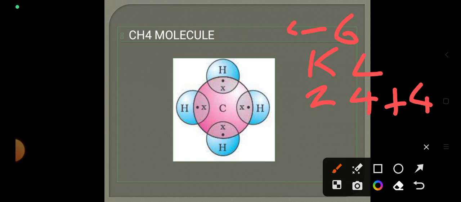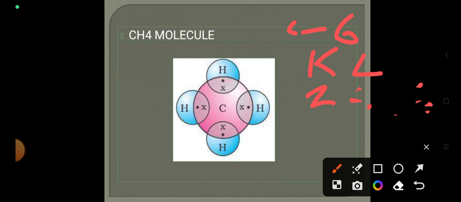That is, the protons will be 6 and the electrons will be 10. Similarly, if it gives off the 4 electrons of the L shell, then the number of electrons will be 2 and the protons will be 6. So again, there is going to be an imbalance in the number of protons and electrons.